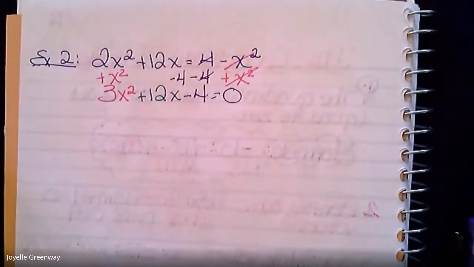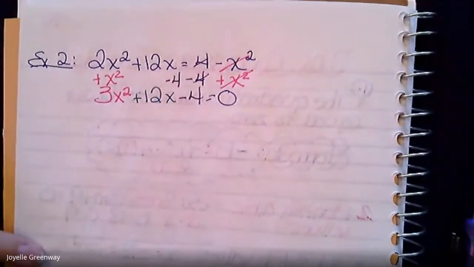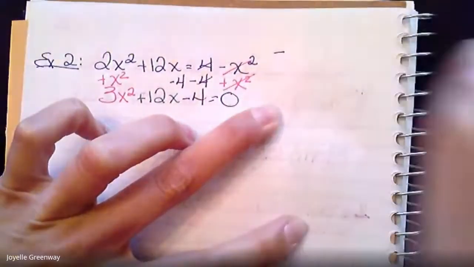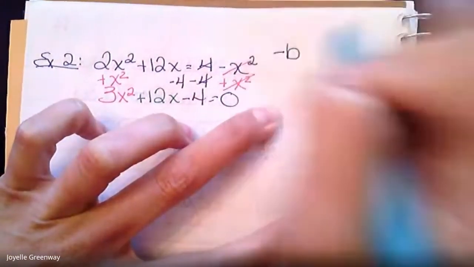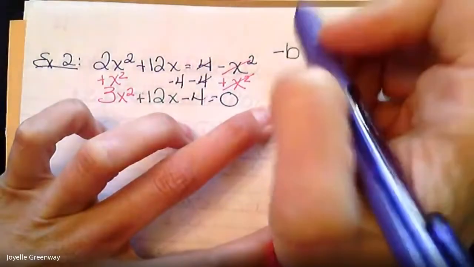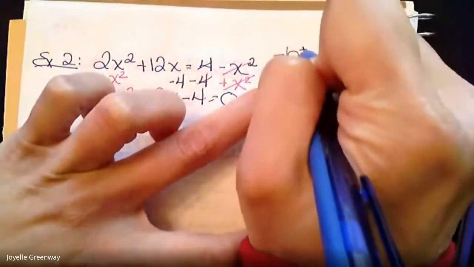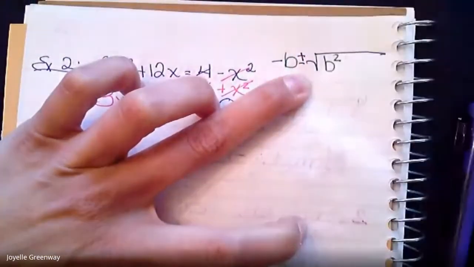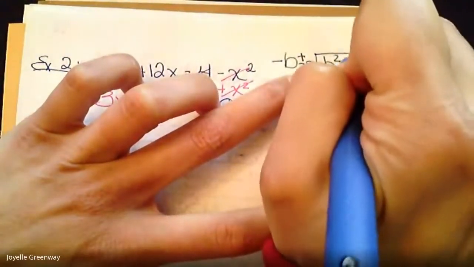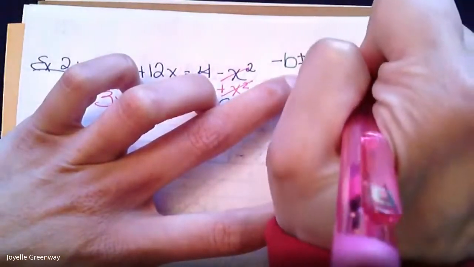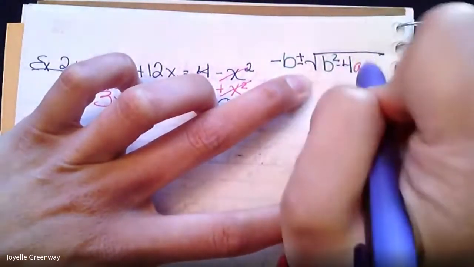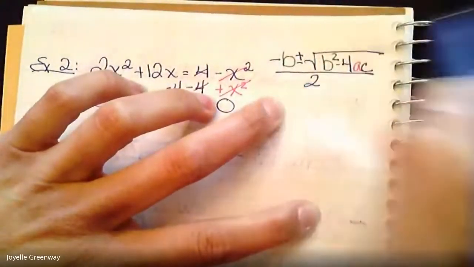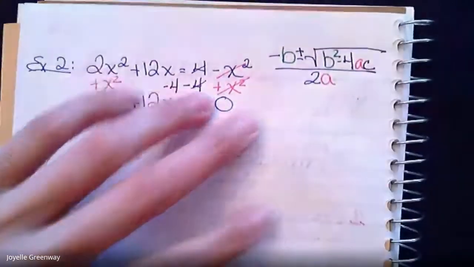All right, so I'm going to write my quadratic formula. So negative b plus or minus the square root of b squared minus 4 times a times c, over or divided by 2 times a.